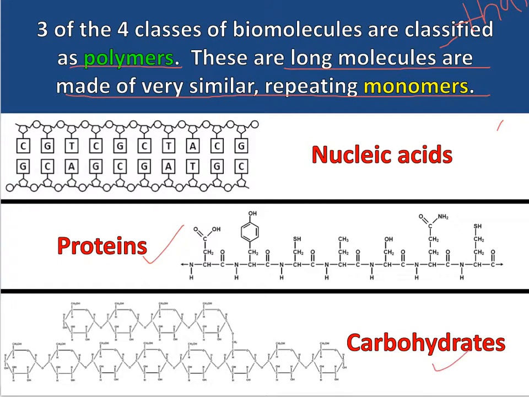And you can just see here that they're just made of repeating units. Another unit, another unit, another unit, right? So just long molecules made of very similar repeating monomers. There is one type that is not classified as a polymer, and that is lipids. And we will be talking about these a little bit later in this presentation.